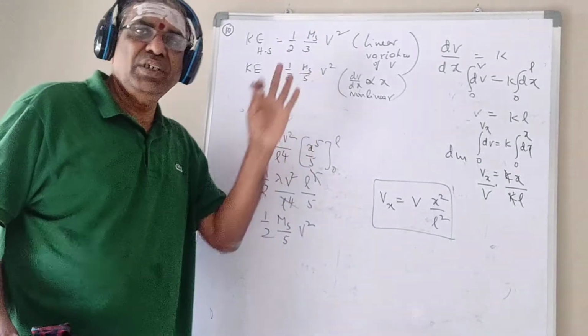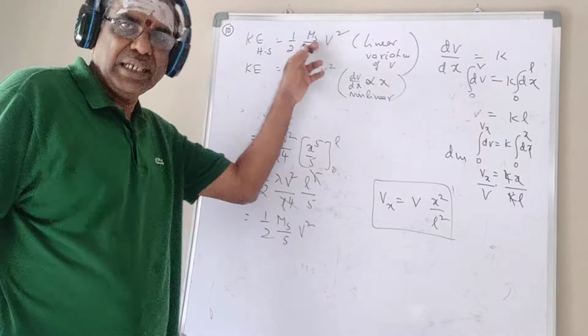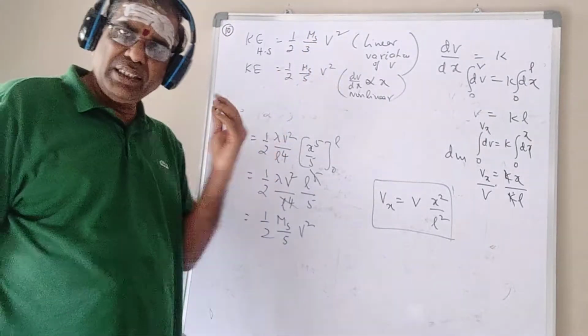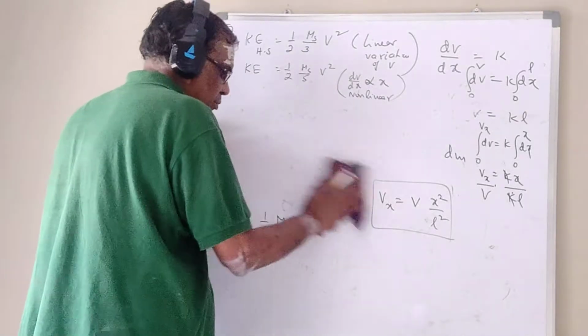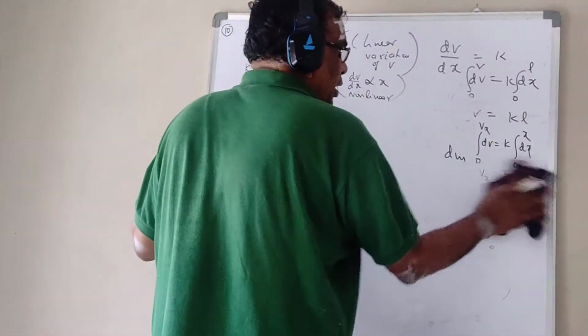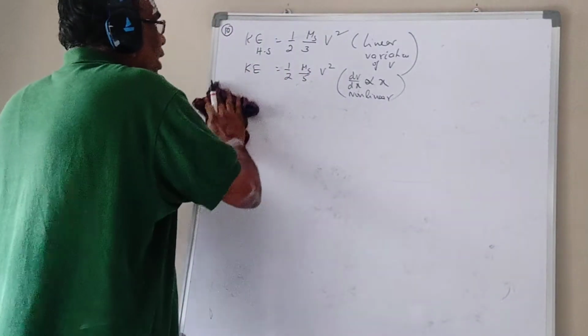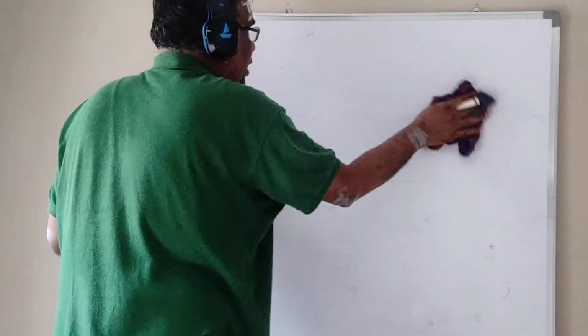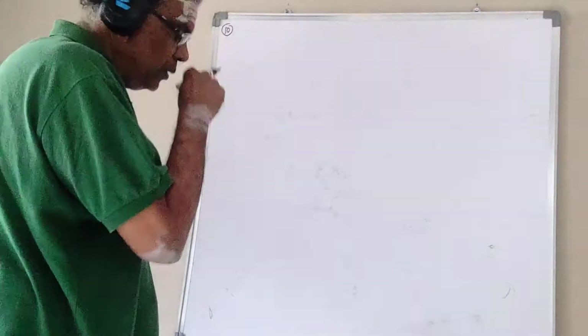Don't take any of these things as standard. Generally this is accepted, but it can be anything depending on the elastic properties of the spring. So be careful: whenever they say heavy spring, you have to add these factors. That's very, very crucial.